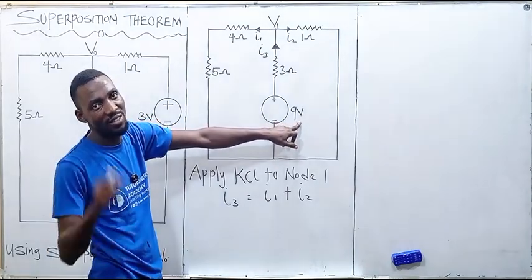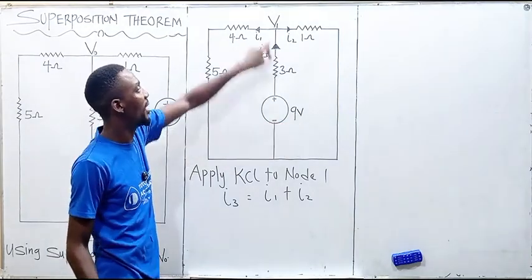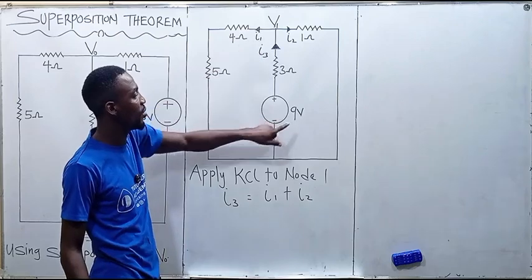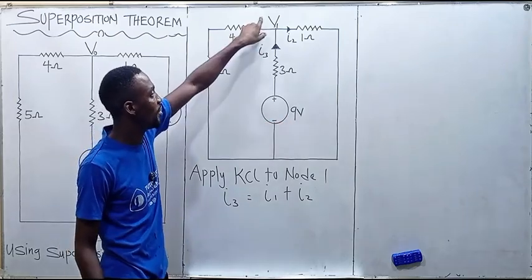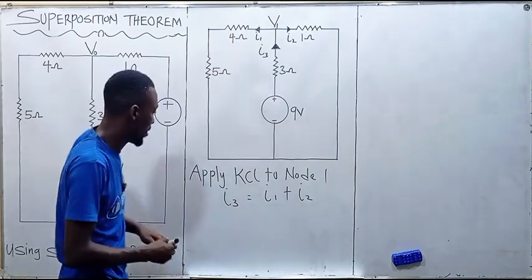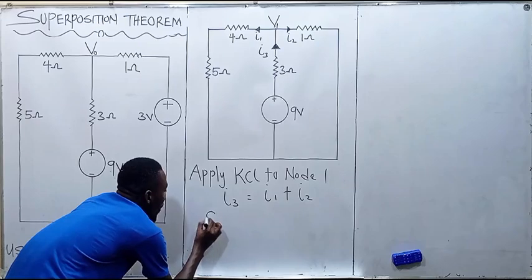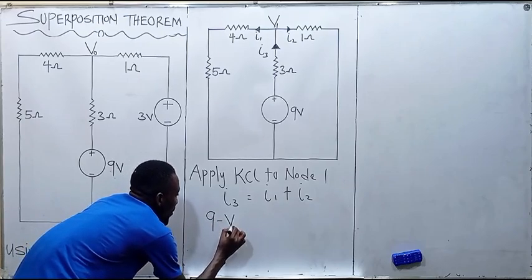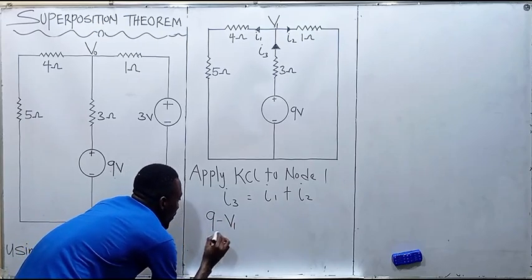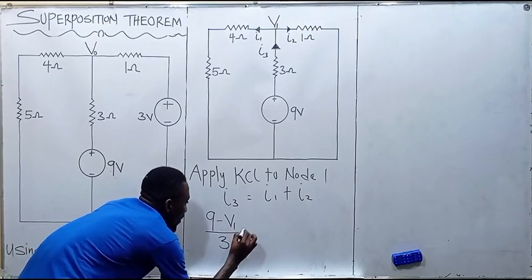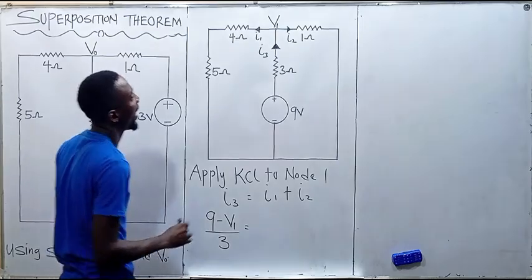We know our current is voltage over resistor, and we're having 9 volts and V1 here, so it's going to be 9 minus V1 all over 3, which will be equal to I1.